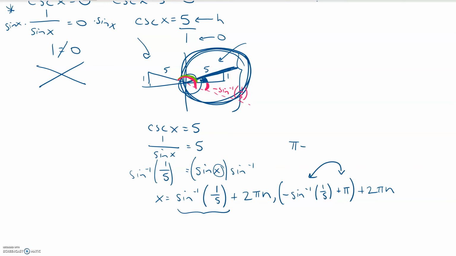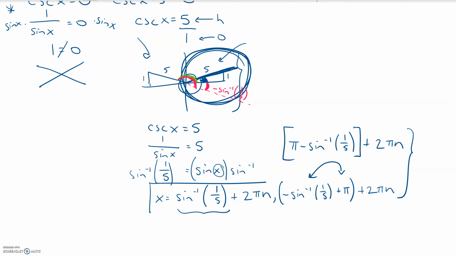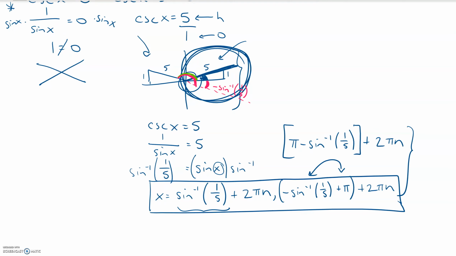You would have pi minus sine inverse of 1/5 plus 2 pi n. But either one of these are perfectly fine. They're both perfectly acceptable. And so this set of answers here is the final answer for this equation.